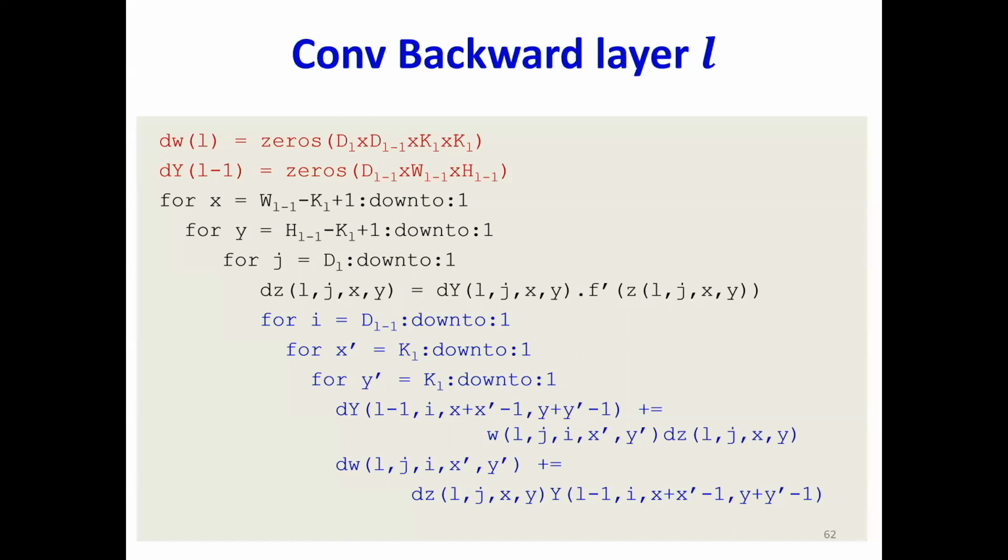And so I can just say dl over dy plus equals w times dl over dz, and dl over dw equals y times dl over dz, right? That's basically just the application of this little rule. I changed my code. I changed the indices, and I changed 3 lines of code. This will do my backprop for me just fine. I didn't need to do anything else.